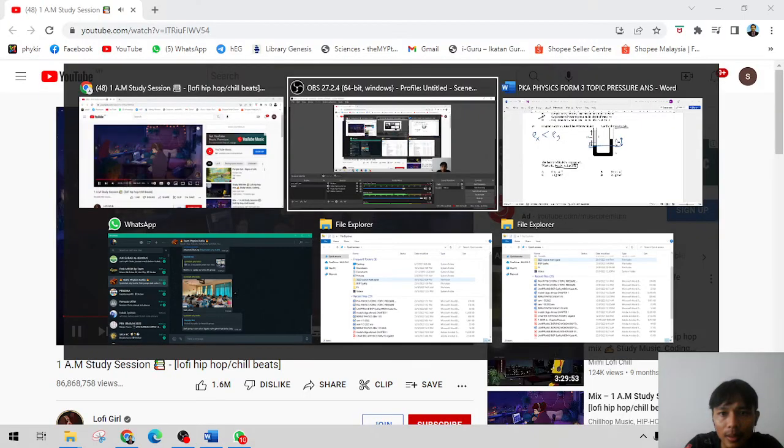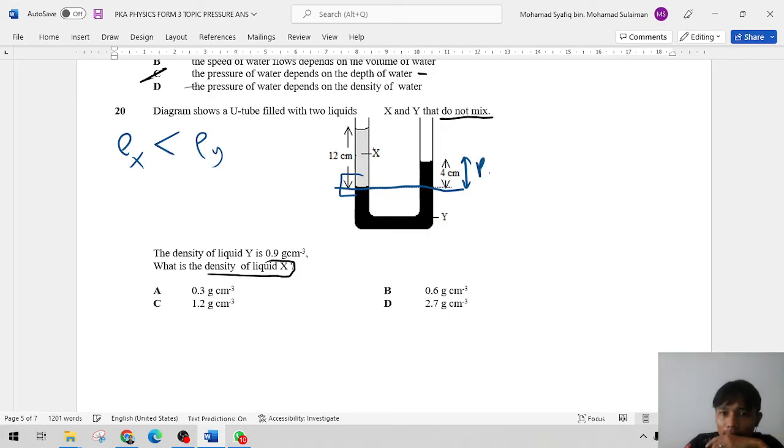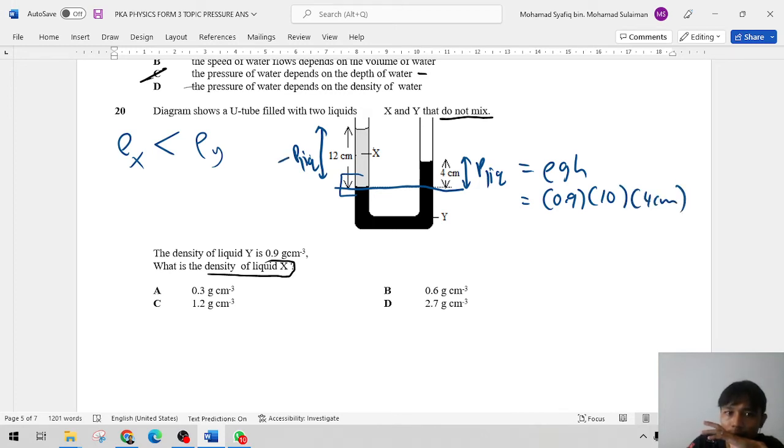Okay, so pressure in liquid here is equal to the pressure in liquid here. Over here we have rho g h, and rho is 0.9, g is 10, and the depth is 4 cm. So it's equal to the pressure over here, rho g h.